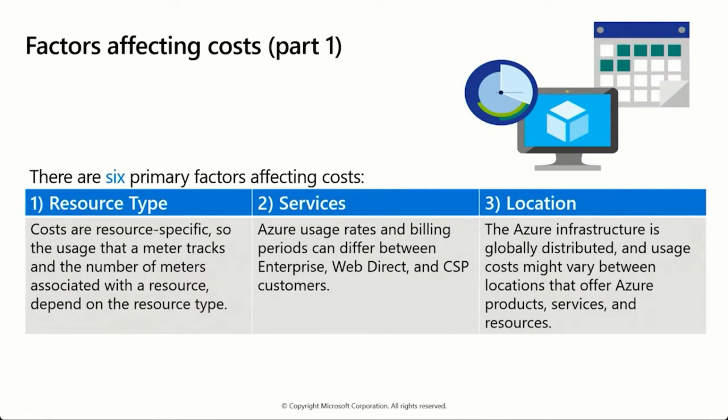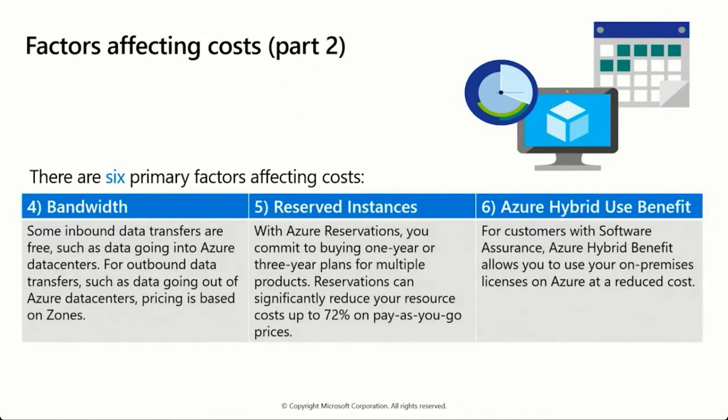Now, when we talk about resource type, services, and locations, those have a definite direct impact on your spend, or on your cost. But we also need to take a look at bandwidth, depending on how your data transfers are going. There is actually something that we call billing by zones, and different regions and geographies are organized into zones.